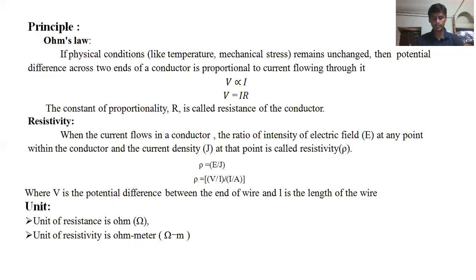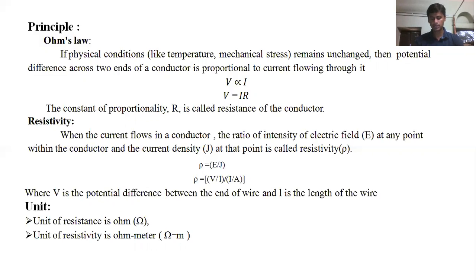Suppose the length of the conducting wire is L and the area of cross section is A. Suppose on applying a potential difference V between the two ends, a steady current I flows through the conductor, then E equals V by L and current density J equals I by A. Putting these values in the equation, rho equals (V by L) by (I by A), where V is the potential difference between the ends of the wire and L is the length of the wire.